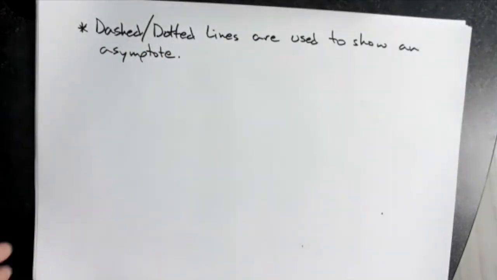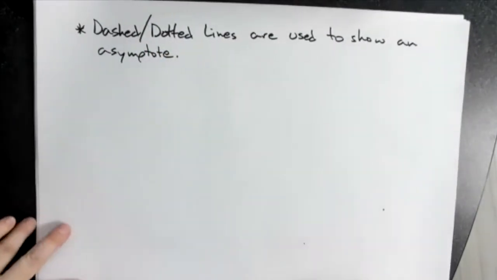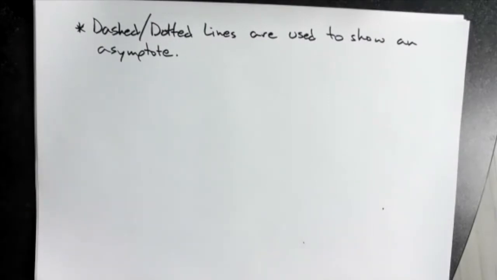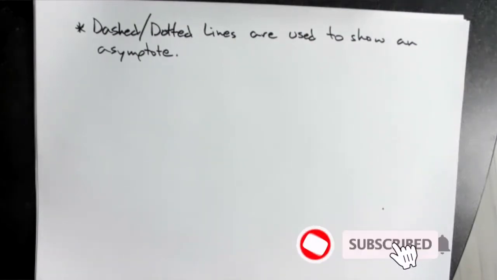Because technically they are not part of the function. They are imaginary lines that give us an indication of the behavior of the graph, but they're not actually part of the graph. So when we hand draw these things, that's why we make them dotted or dashed. On a graphing calculator, you will not see these because they're not part of the function.